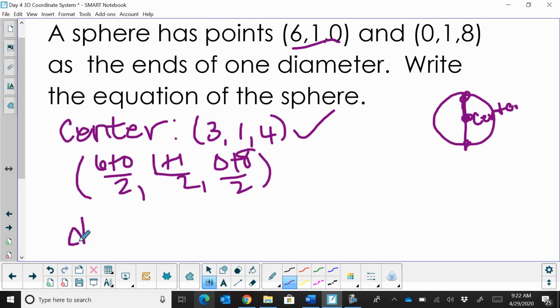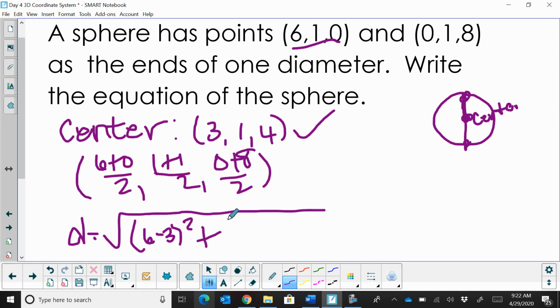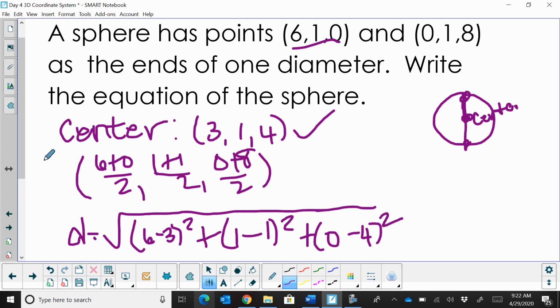The distance formula is simply 6 minus 3 squared, plus 1 minus 1 squared, plus 0 minus 4 squared. And there's my distance formula in 3 dimensions.